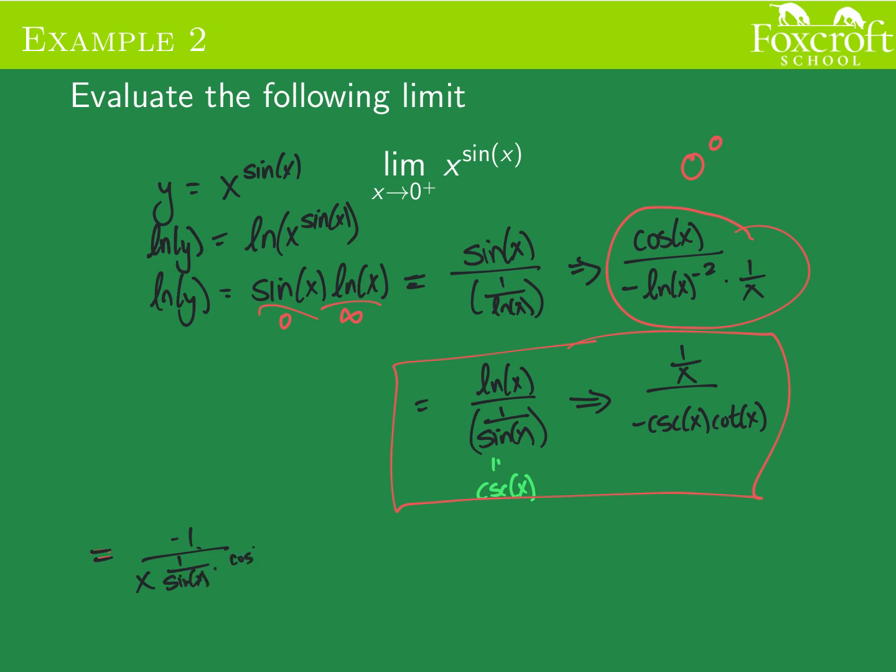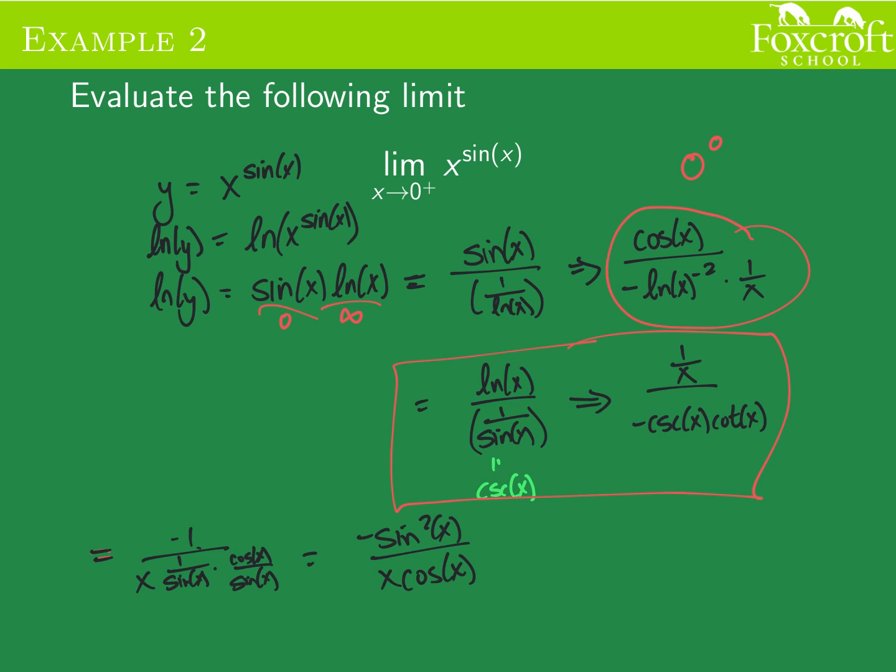Cotangent is cosine over sine. And whenever you have the bottom of a fraction already in the bottom, so these 2 denominators, I can multiply the top and bottom by sine of x. It's going to end up looking like this.